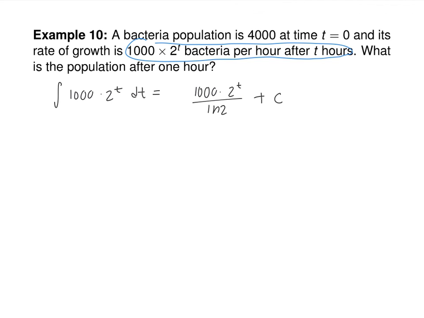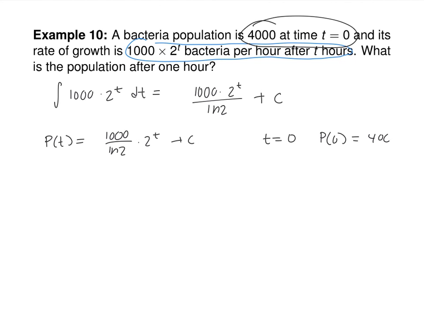Are you given any information? Let's call that p of t for population. It is 1,000 over ln 2 times 2 to the t plus c. Are you given any information that lets you figure out what c is? You're given this, right? So you know that when t is equal to 0, p of 0 is equal to 4,000.